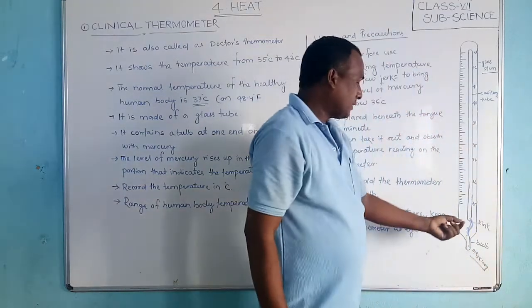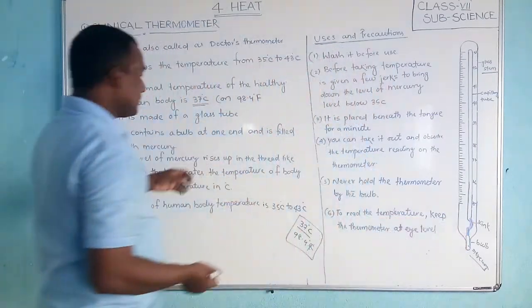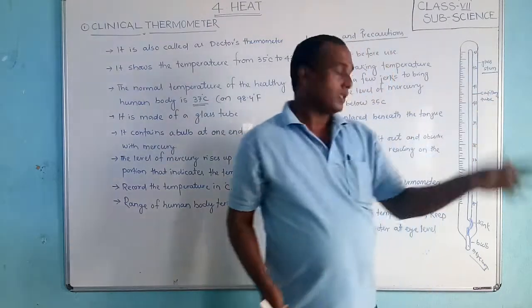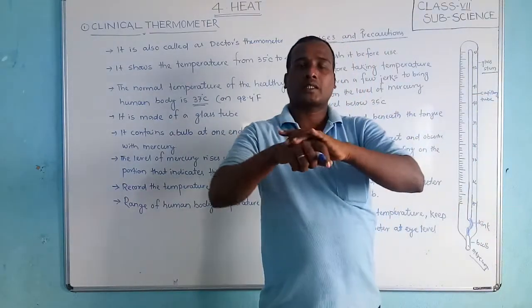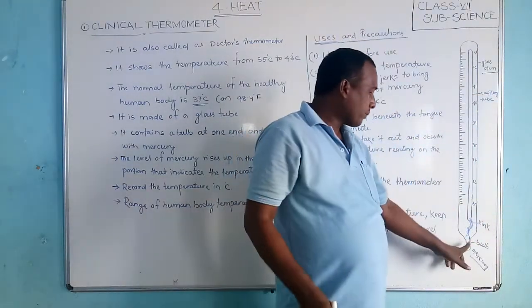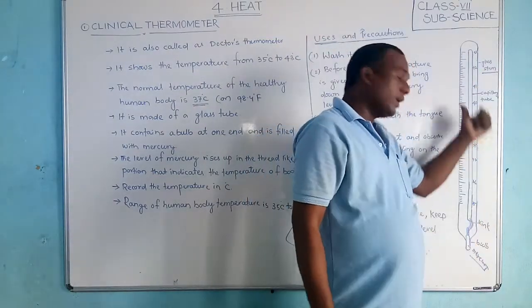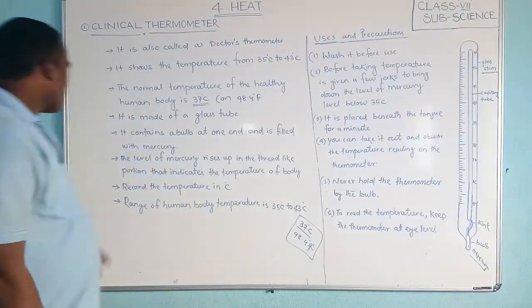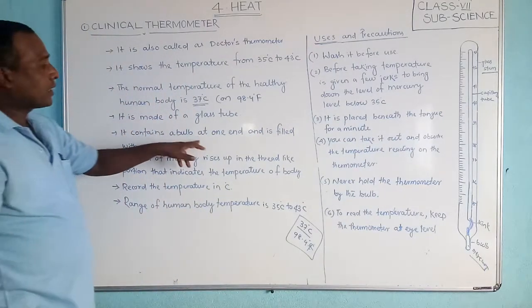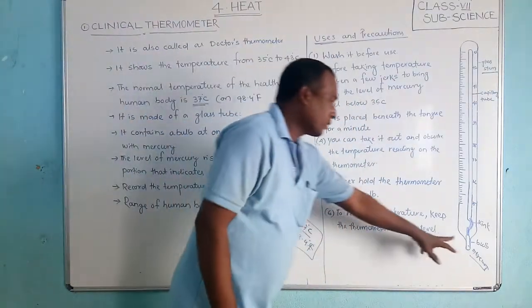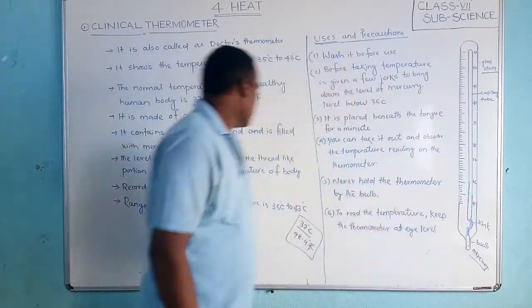When the mercury bulb comes in contact with the body, the temperature makes the mercury level rise. It contains a bulb at one end filled with mercury.